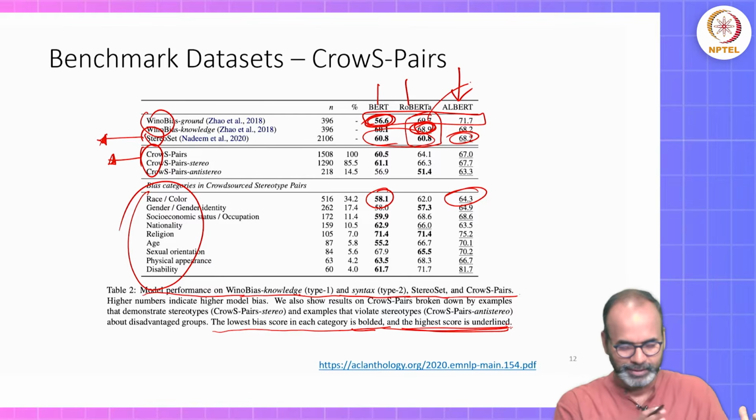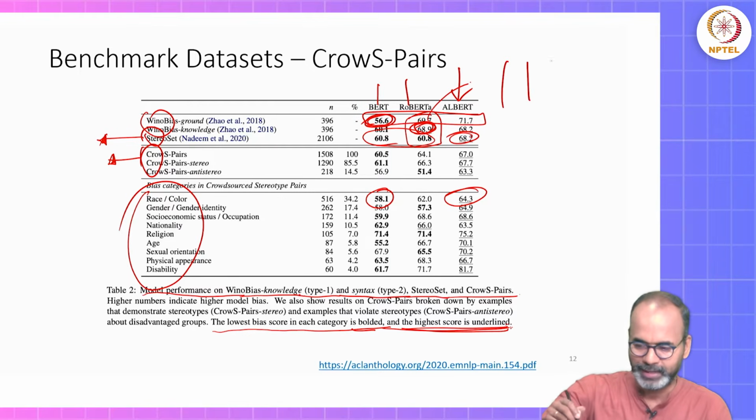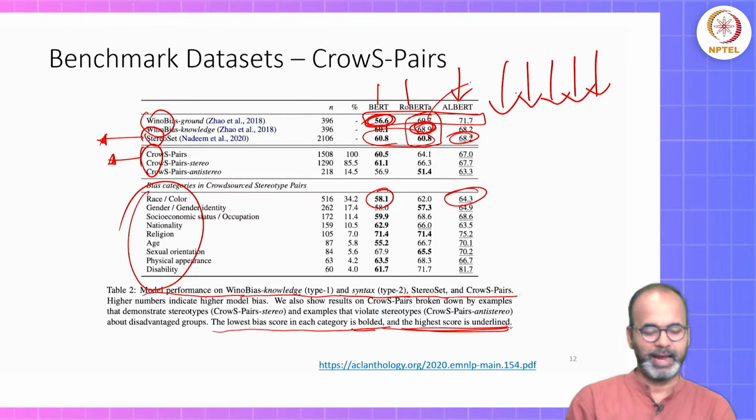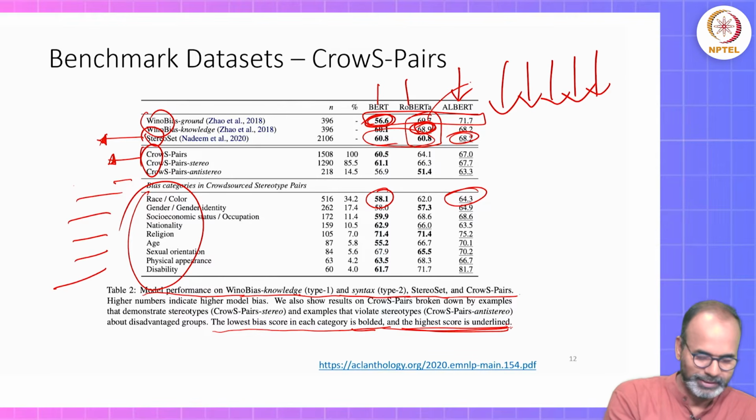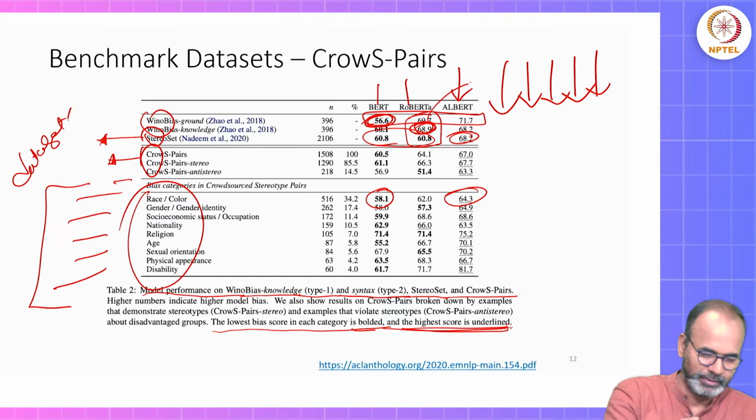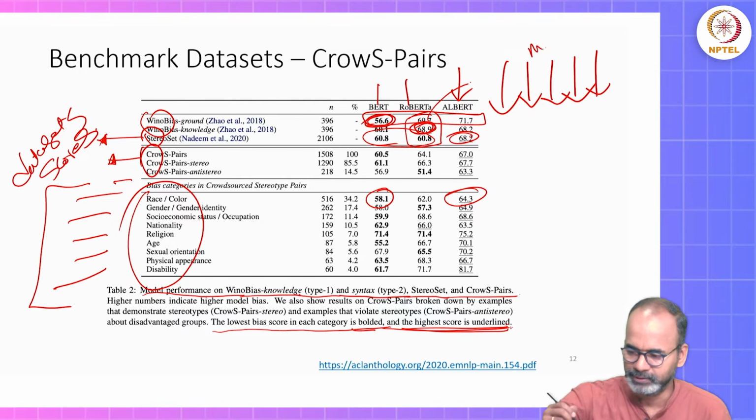And of course, over the period of this content, you're going to see that we can keep adding more and more: different data sets, different scores, different models. Right.